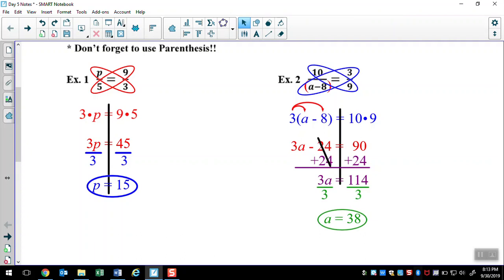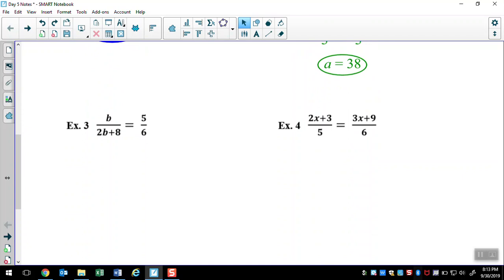Alright, let's come down and take a look at another one. Same type of problem, only this time my variable has a coefficient. So I'm going to put my parentheses around this part of my proportion, this section. Alright, and now I'm going to circle my diagonals, and it doesn't matter which diagonal pair you start with. I have a tendency to always start with the one with the parentheses in it. I like that on my left side.